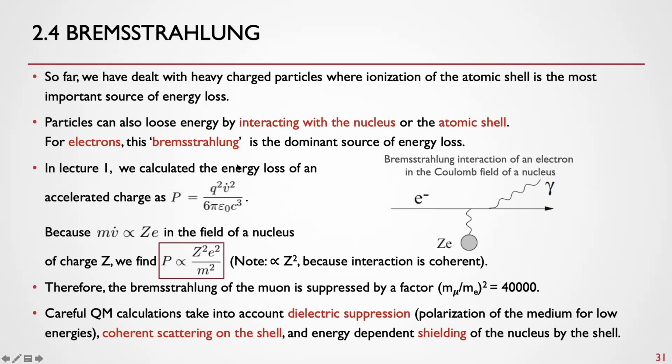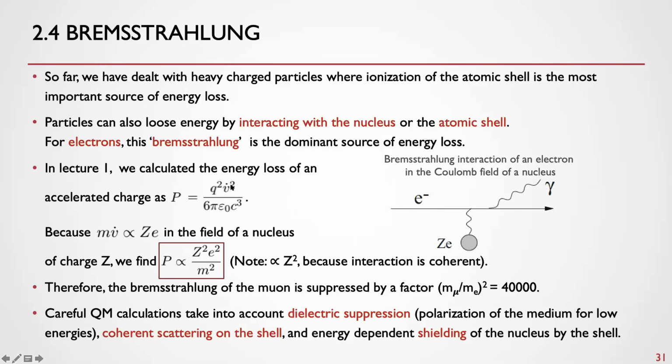Why is it so? In lecture 1, we calculated very carefully the energy loss of an accelerated charge, and the total power of the radiation due to synchrotron radiation, or due to the acceleration, goes with q squared and v dot squared.